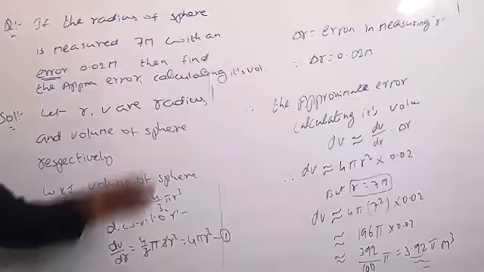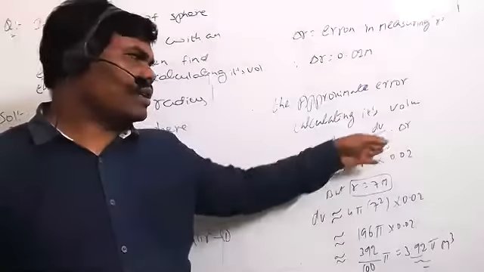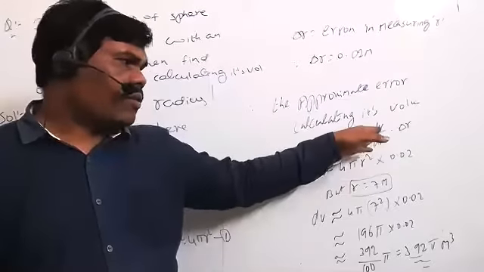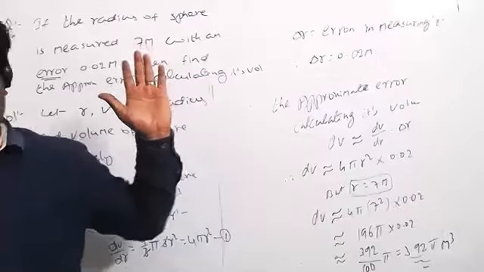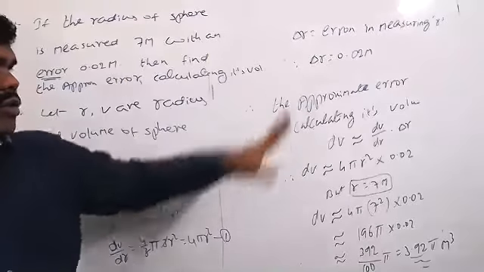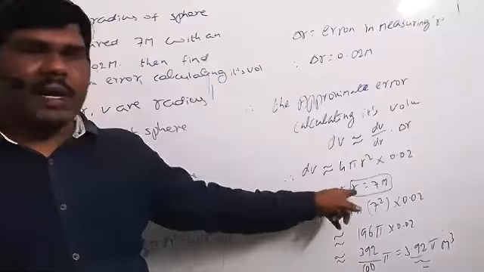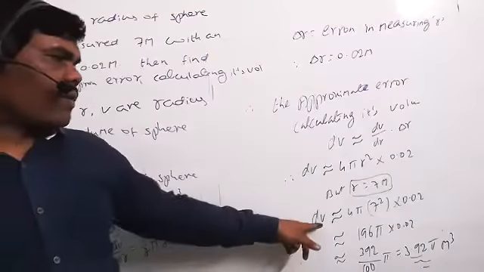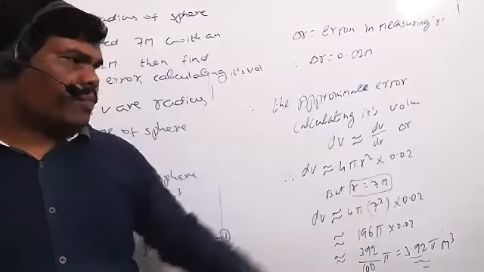So the approximate error in calculating its volume, dv, is approximately dv by dr into delta r. Dv by dr is 4 pi r square, and delta r is 0.02. Substitute r equals 7 meters, as given in the problem. So dv is approximately 4 pi into 7 square, which is 49, into 0.02.